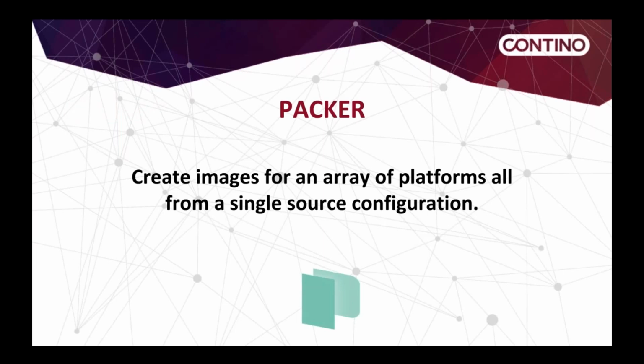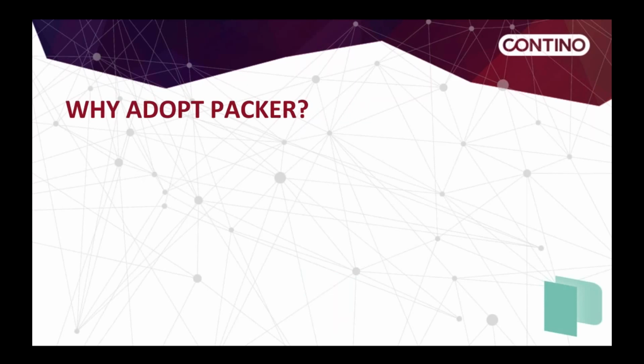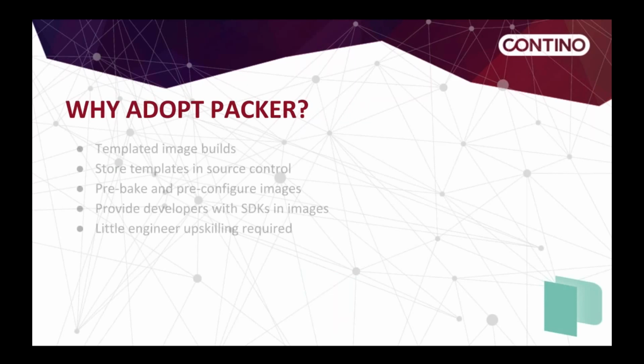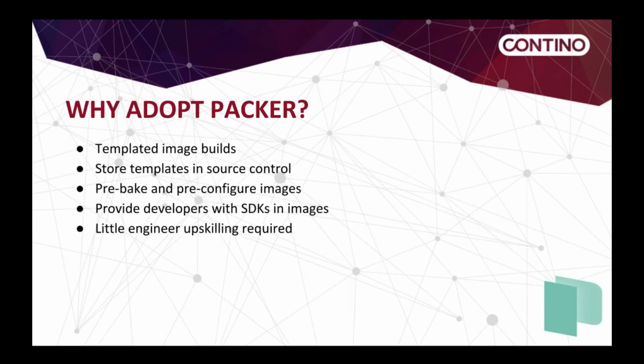So Packer. Packer allows you to create images from an array of platforms or from a single source configuration. Why should you adopt Packer? All of the images that you want to deploy into your cloud, you can have them templated as code. And because they're templated as code, it means you can store them in source control as well.